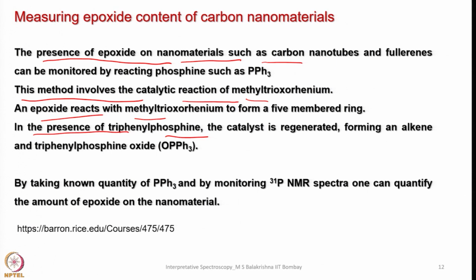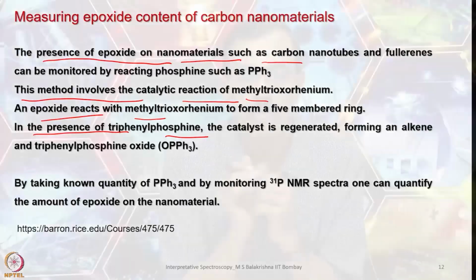So when we add triphenylphosphine along with methyl trioxorhenium to nanomaterial containing epoxide, oxygen is abstracted by triphenylphosphine to form triphenylphosphine oxide. By simply taking a known quantity of triphenylphosphine, and monitoring the 31P NMR spectra at regular intervals, we can quantify the amount of epoxide present by looking at how much triphenylphosphine is converted into triphenylphosphine oxide and how much is left at the end of the reaction.